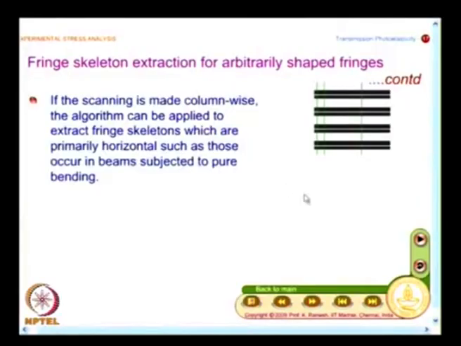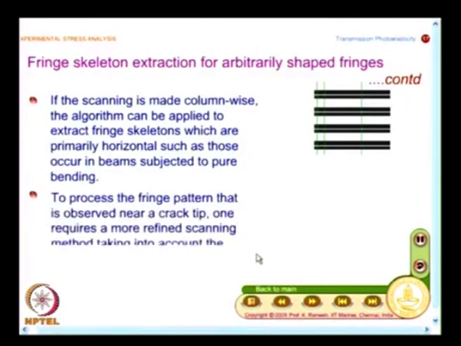And in one of the earlier classes, in stress concentration, we have compared the fringe pattern in the case of a plate with a hole, a plate with an elliptical hole and a plate with a crack. If you look at the fringe pattern in the crack, it has a minimum fringe width as well as a maximum fringe width in one fringe order, and a typical shape is like this.